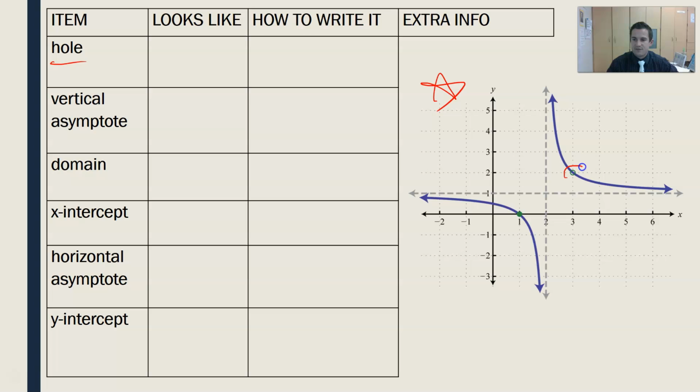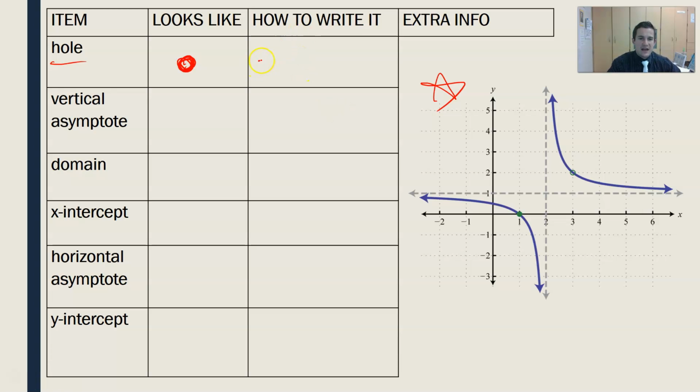This little open circle right here represents a hole, a point on this graph where the domain of the function is not defined. Everywhere else on this line is all good and well, except for this point right here. That point is not defined, and I write that with an open circle on the graph. It means I have a hole.